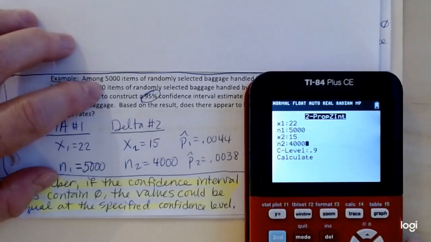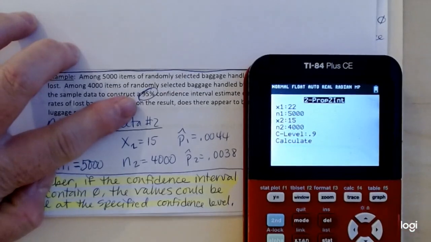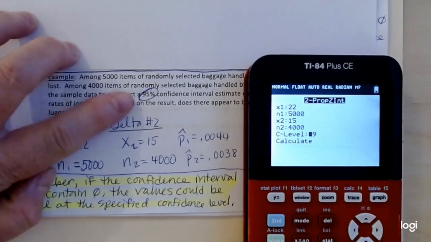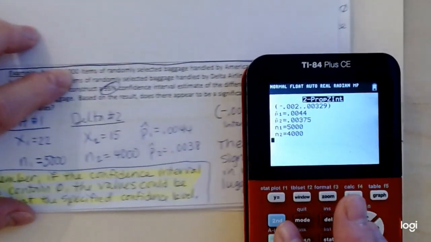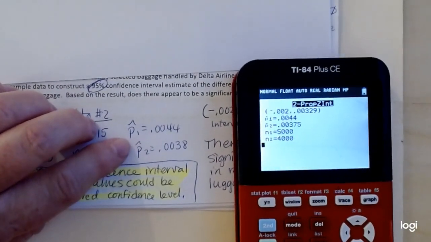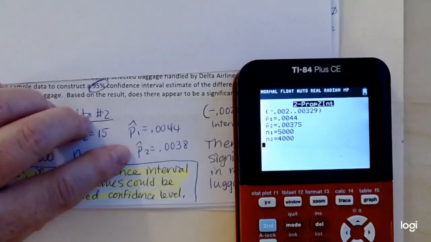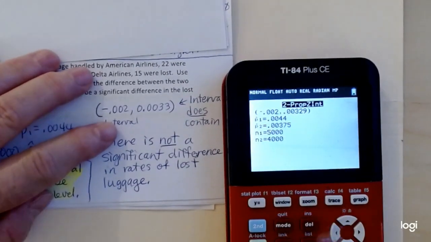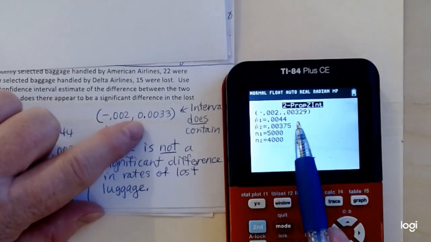And this is a 95% confidence interval, so we're going to change this to 0.95. Calculate that interval. And it does give us the sample proportions. You don't necessarily need that for the test, but it does tell us what they are. And our confidence interval is negative 0.002 as our lower limit, and our upper limit is 0.00329.